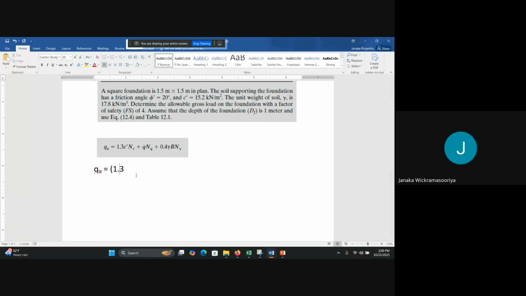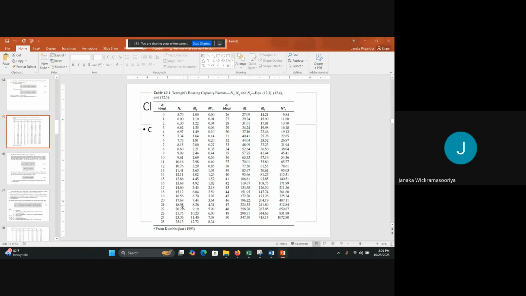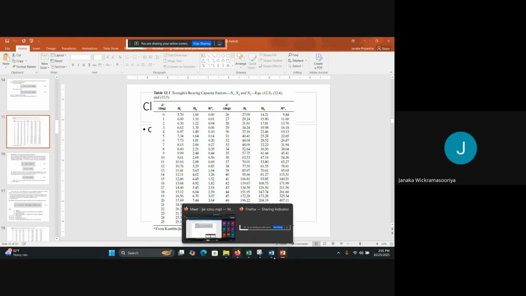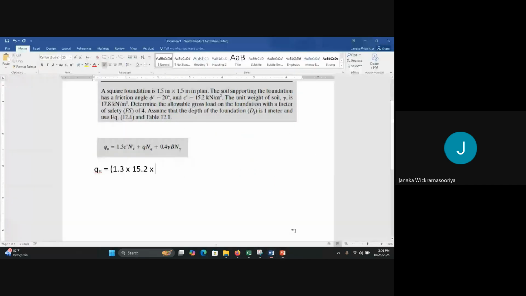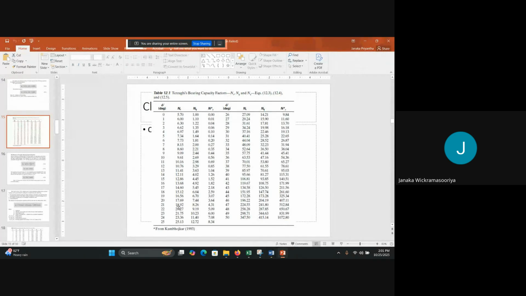C dash is 15.2 multiplied by NC. NC value, we will see that from the table. 20, phi equals friction angle 20.